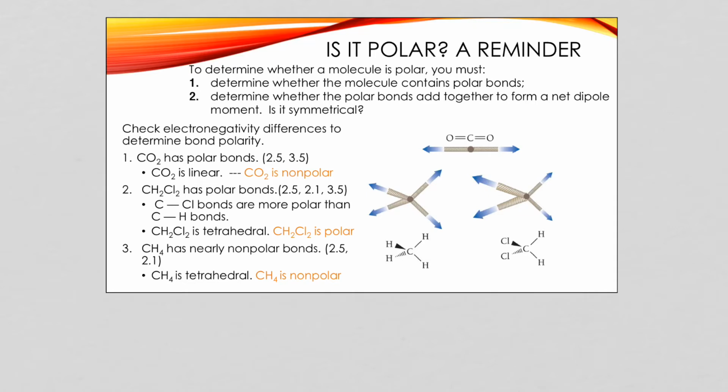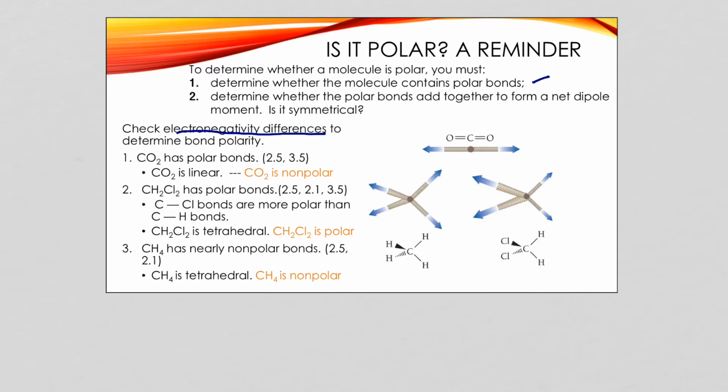So I want to take a brief moment to remind ourselves, looking back at chapter 11, where we determined whether a molecule was polar or nonpolar. To determine whether a molecule is polar, you must answer two questions. You must determine whether the molecule has a polar bond, and remember, we do that based on electronegativity difference.